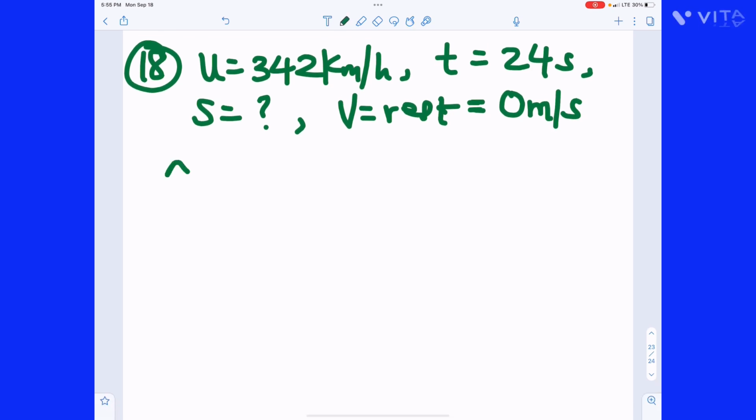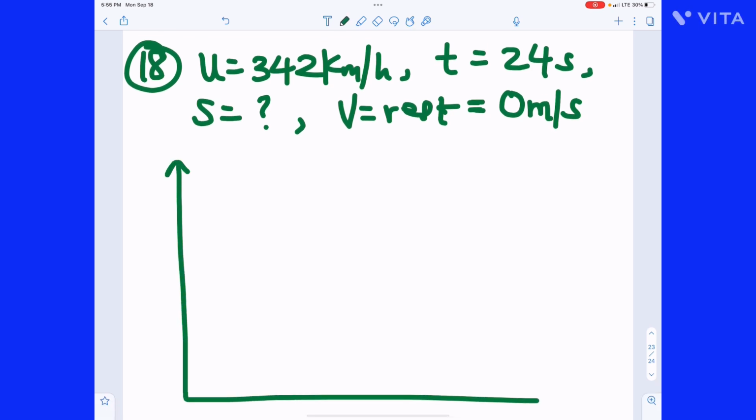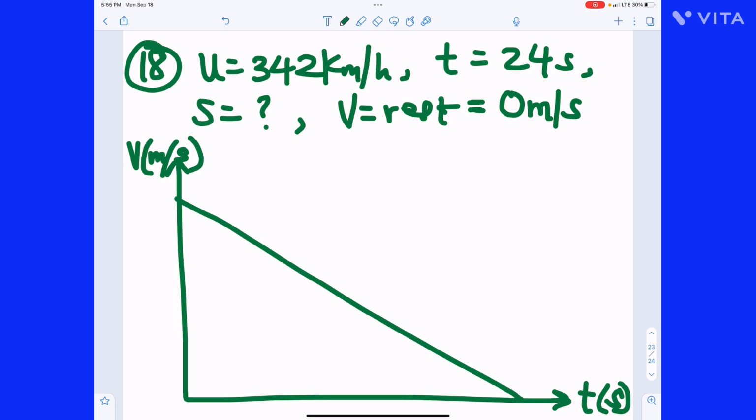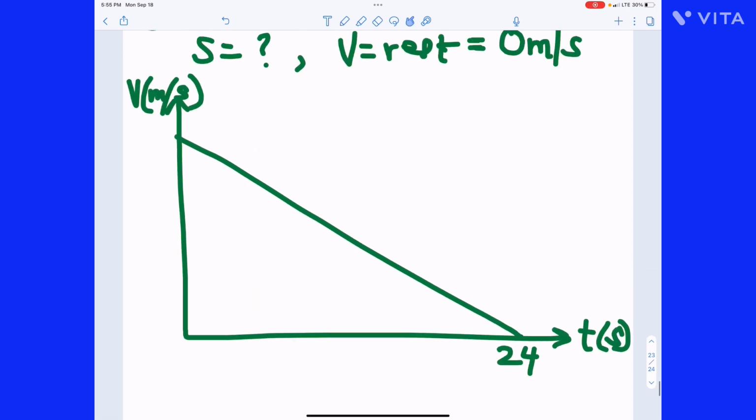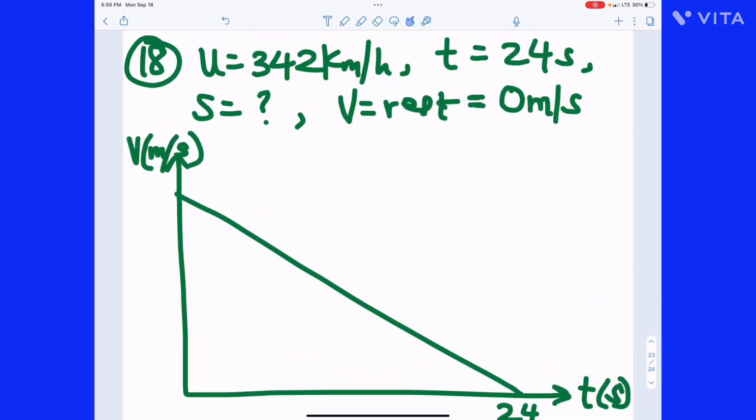Now, this is pretty simple. We can draw a velocity time graph that will have this picture, v in meters per second, landed with 342 and decelerated to rest. The time of deceleration is given as 24 seconds. So first thing we need to do here is change 342. The initial velocity is 342 kilometers per hour.